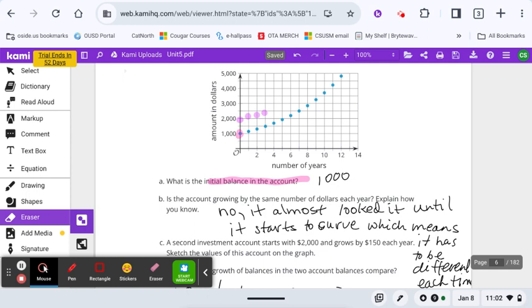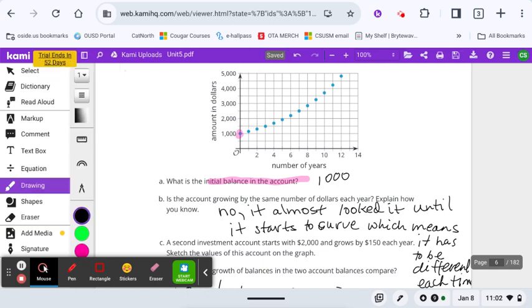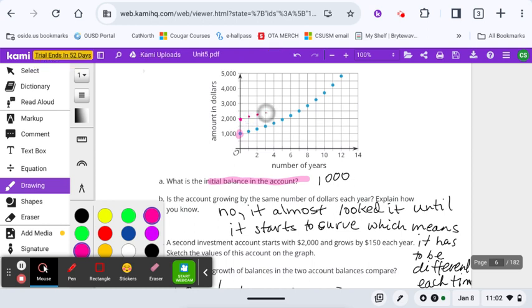Now, it's kind of hard to see because I'm using such a big blob there. Let's go a little bit more refined. But when we're adding 150 each time, it is going in a nice straight line.